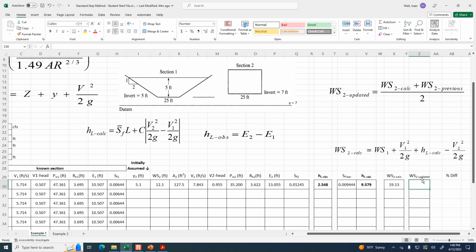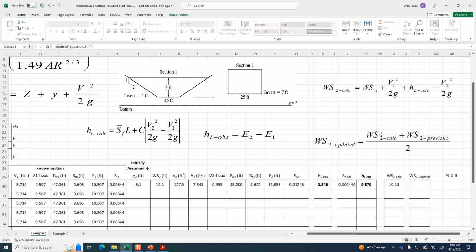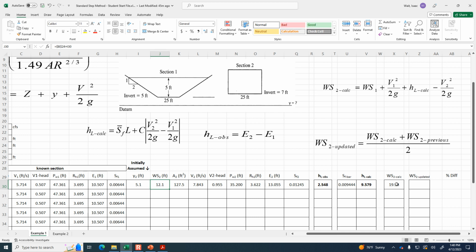Now the updated is going to be this previous water surface depth plus the calculated water surface depth. The previous one was 12.1, and the new one that we're calculating is 19.3. So we want to split the difference between those, so the average. So it is the previous plus the new divided by 2.